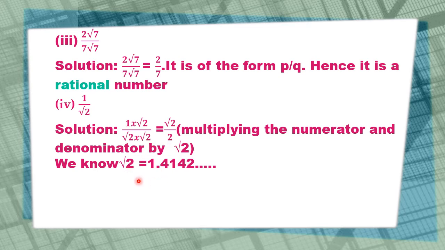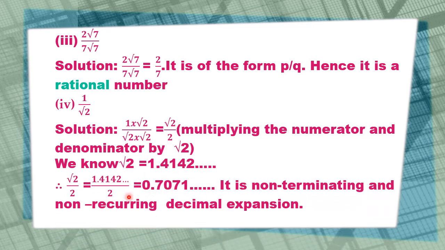We know the value of root 2, and then dividing it by 2, we get 0.7071 and so on. It is quite evident that it is a non-terminating and non-recurring decimal expansion. Hence, what type of number is it? Yes, it is an irrational number.